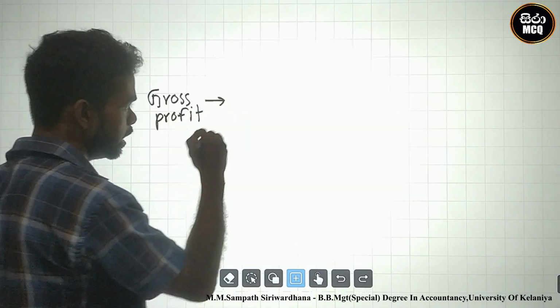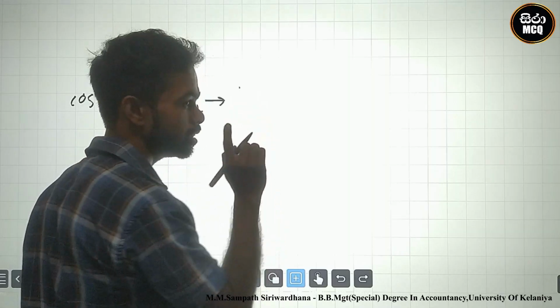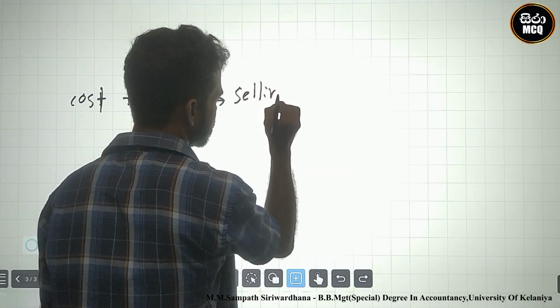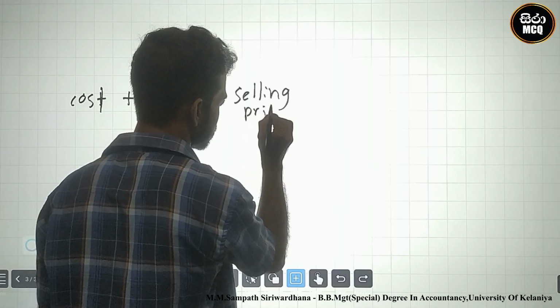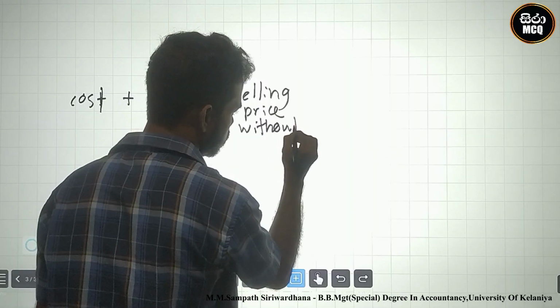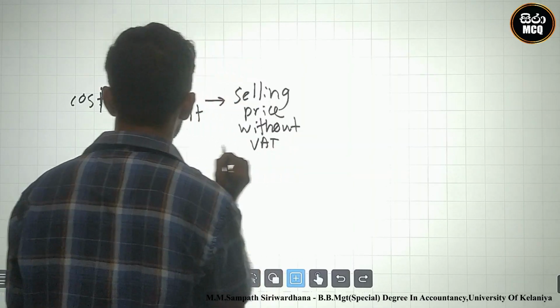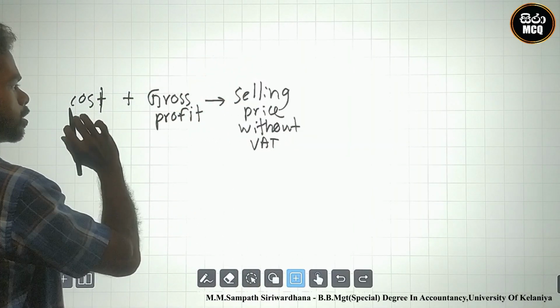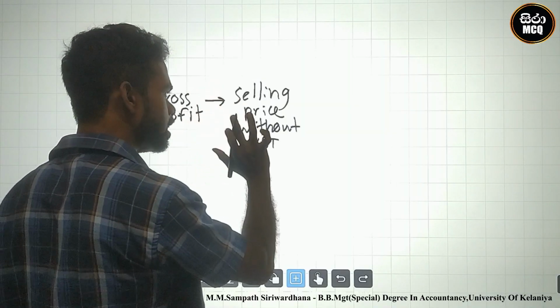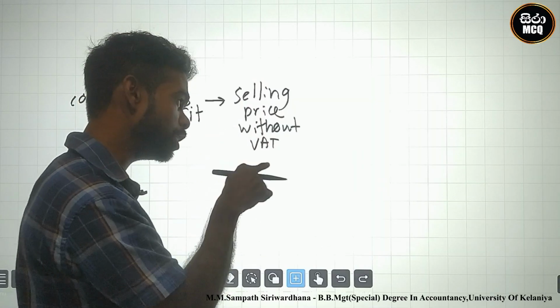The seller creates a selling price without VAT. This is the cost of the goods. The seller adds gross profit, and after that creates a selling price without VAT.